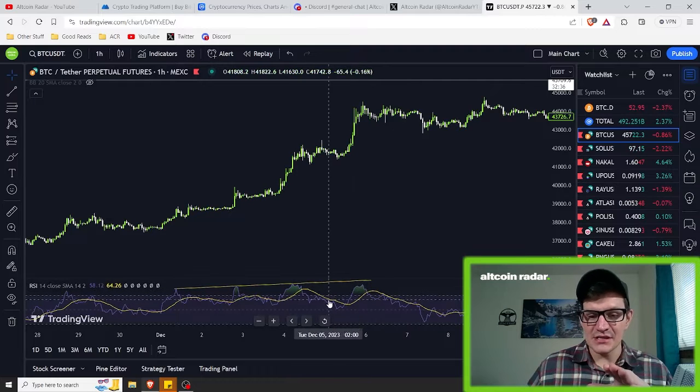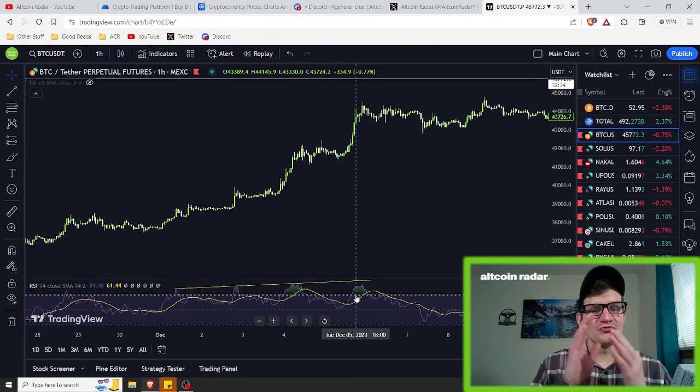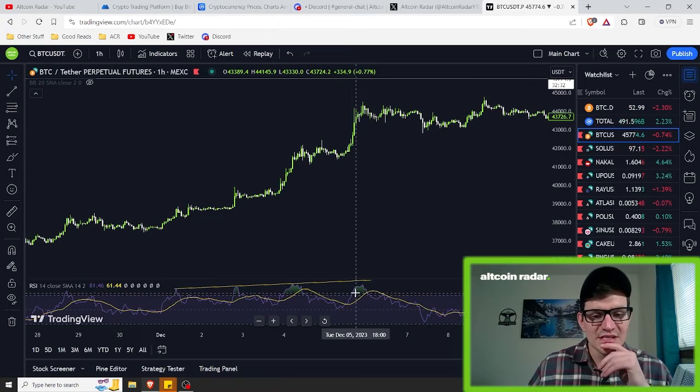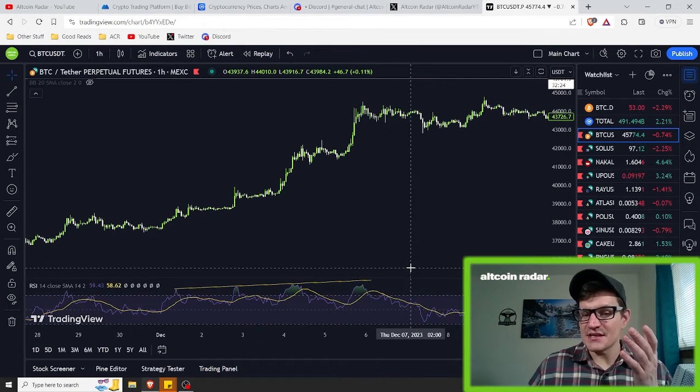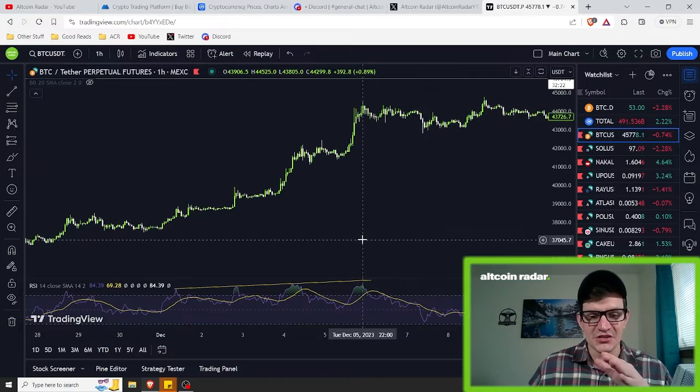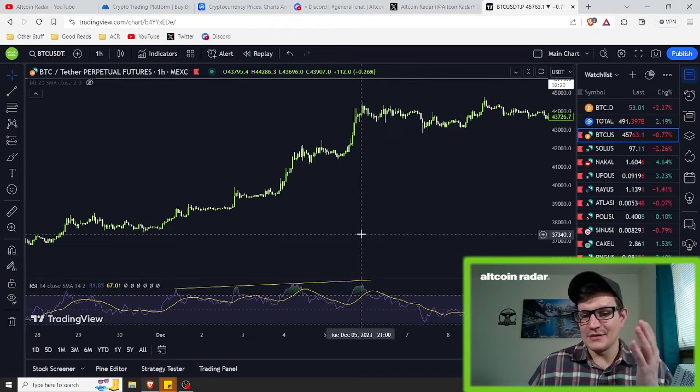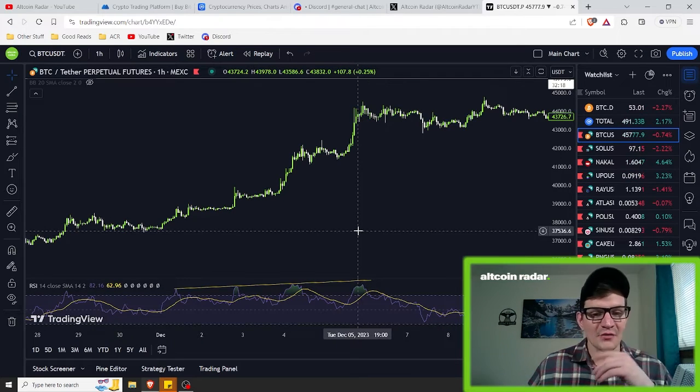But as you can see, as momentum started to drop more and more, this next peak right here, the third peak, did not end up reaching the trend line. Therefore, that's going to tell us that, okay, well, momentum is starting to shift. Therefore, price might end up starting to go down, all right?